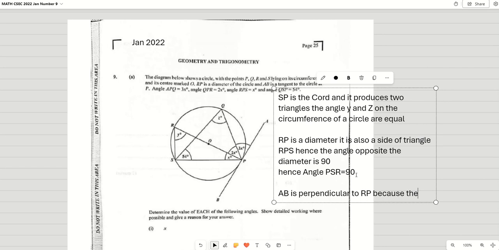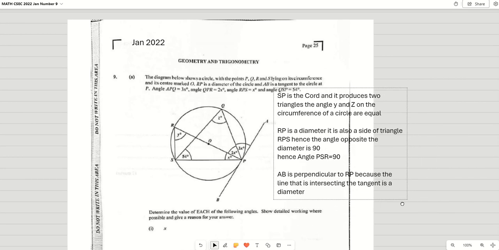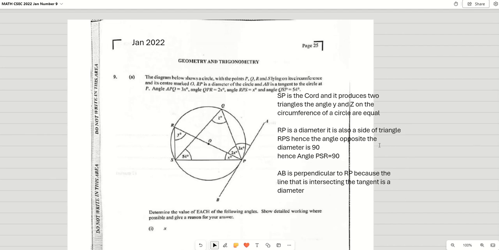Because the line that is intersecting the tangent is a diameter. If it was not a diameter, it would not be 90 degrees. So you need to understand these are your rules that you may use to solve.